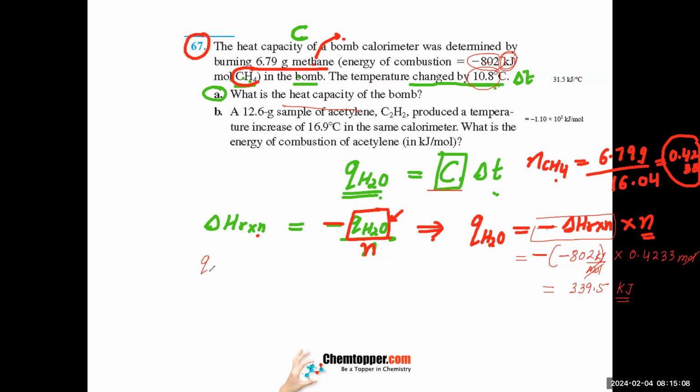Q of the water, I calculated, is C times delta T. Rearrange this equation: C is equal to Q of the water divided by delta T. Q of the water is 339.5. Delta T is 10.8. Kilojoules per degree Celsius. Are you getting this answer?